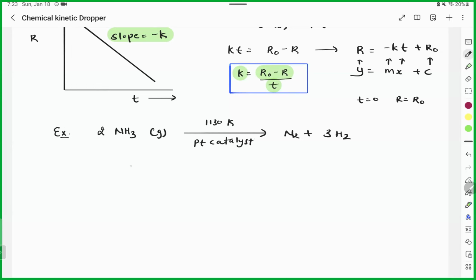In this case, the rate is k, and this is a zero order reaction. This is what you need to know for your NEET exam. If ammonia reacts in the presence of platinum, what will be the order of reaction? Zero.